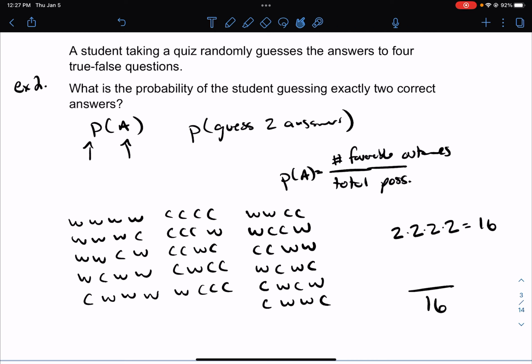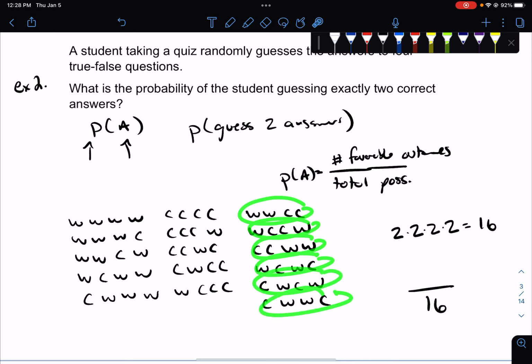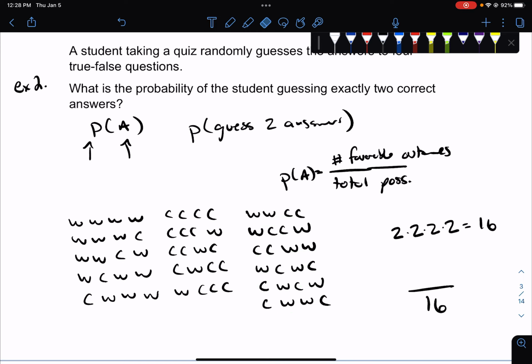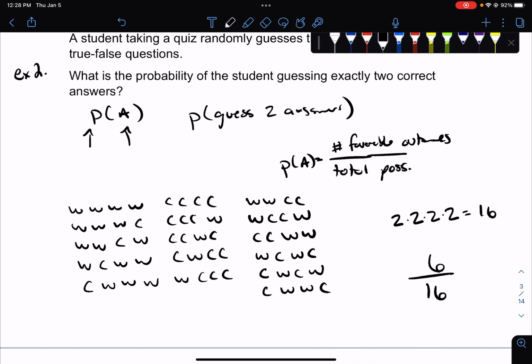What it wants to know is how many of those have 2 correct answers. Well, this one does, this one does, this one does, this one does, this one does, this one does. The rest of these either have 1 or 3 correct answers. So 6 out of the 16 have exactly 2 correct answers.